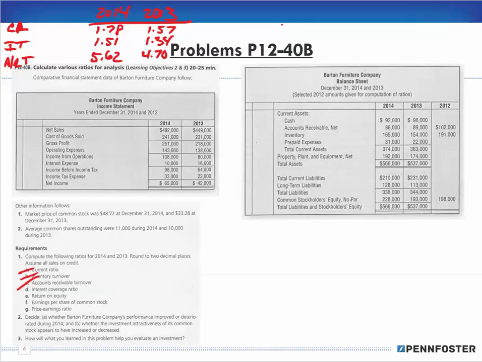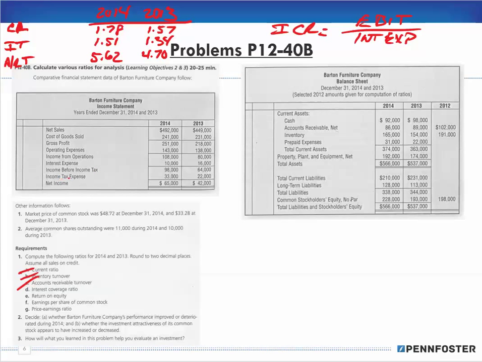So our interest coverage ratio is equal to our earnings before interest and taxes divided by our interest expense. Okay, so for 2014, we have our income from our operations, then we have an interest expense, so then we have our income before taxes.